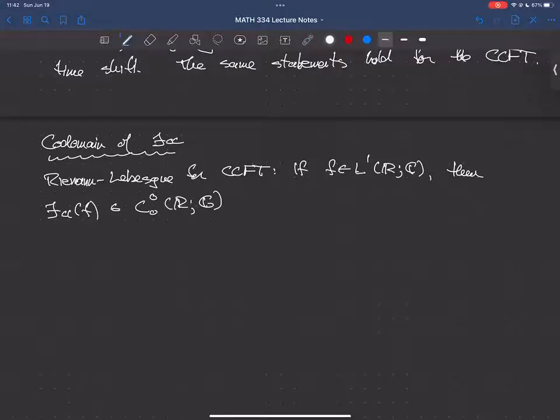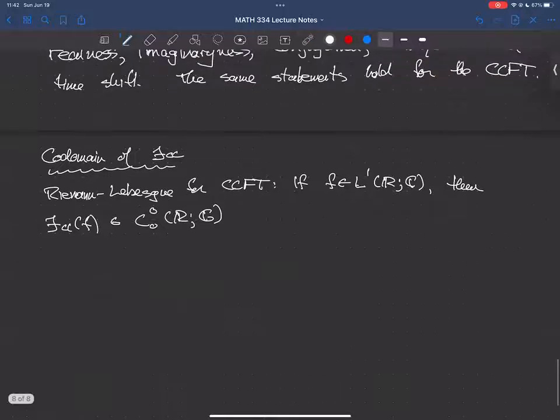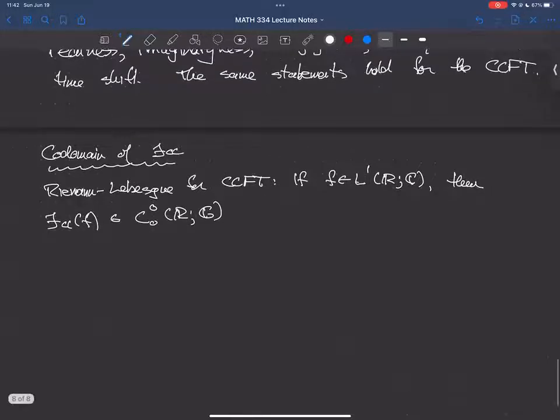All right, so the next class of results that we're going to look at that mirror those for the CDFT pertain to differentiation in the CCFT.